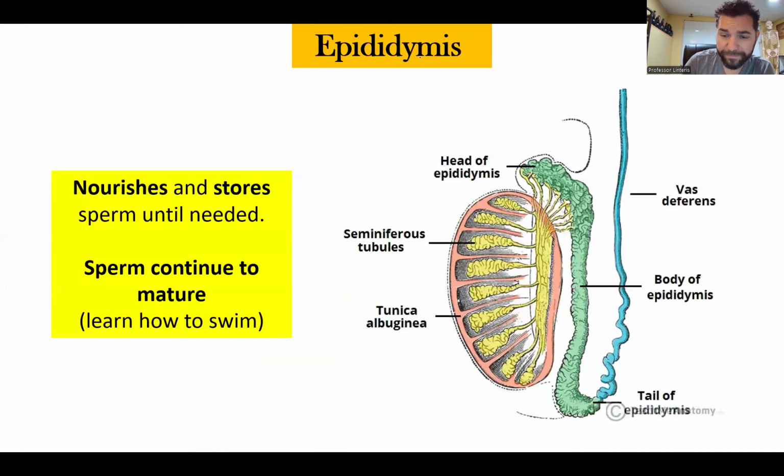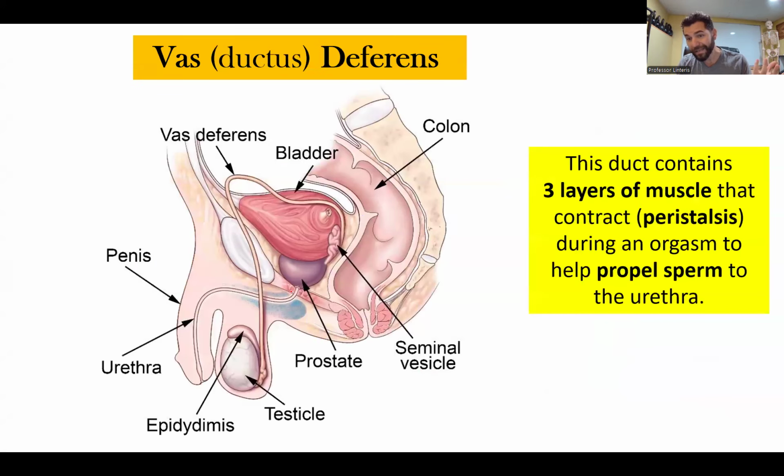The epididymis, right, is where we store those sperm. The sperm got made, right? That's what happened. They get stored here. They get kind of finalized. They get matured, if you will, and then they get released when necessary. During ejaculation, right?